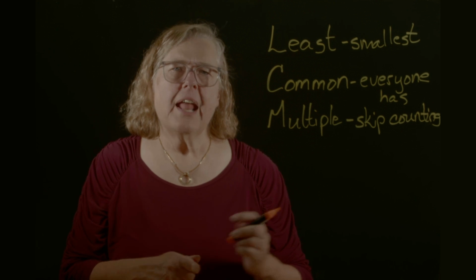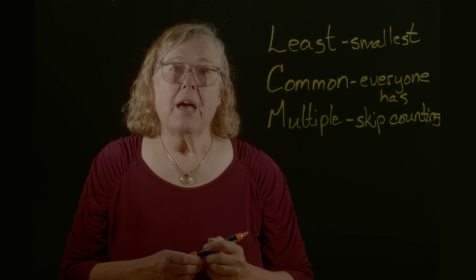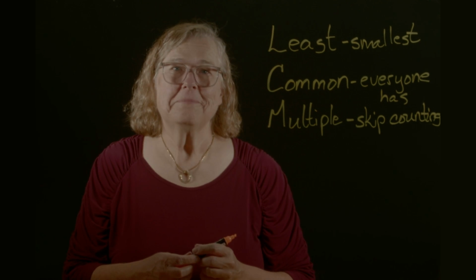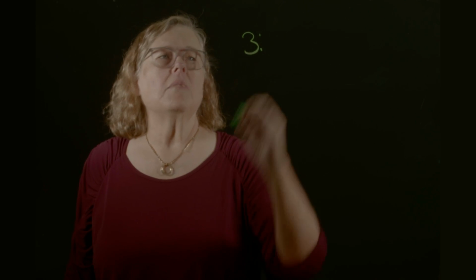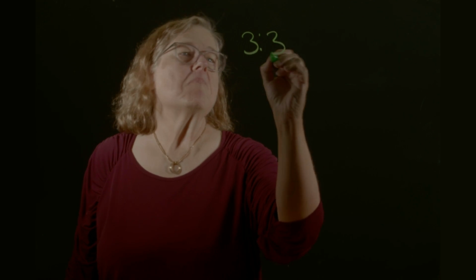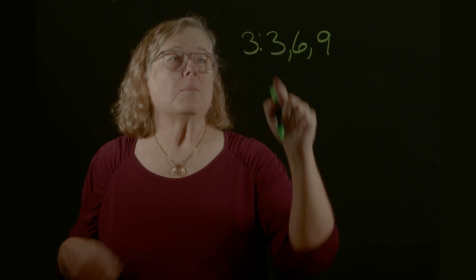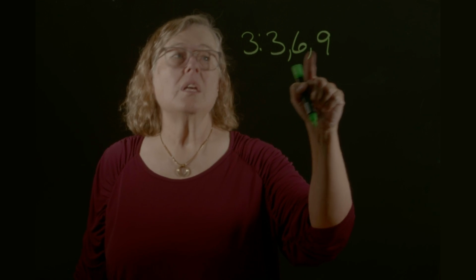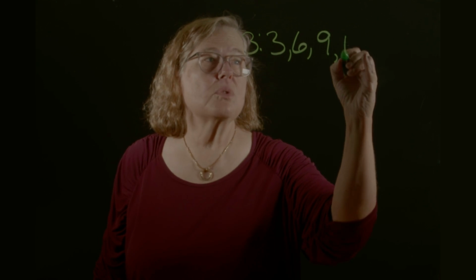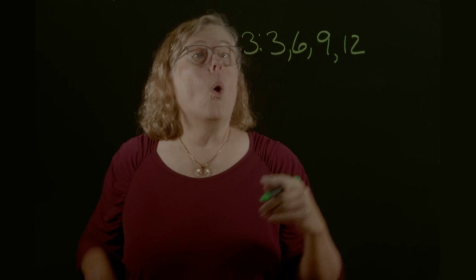How are we going to figure that out? We're going to use skip counting. Skip counting, well, that's easy. You've done this since elementary school, right? So if I said we had the number 3, how do we skip count with 3? It would be 3, 6, 9. In other words, it would be 3 plus 3 plus 3 plus 3, 12.